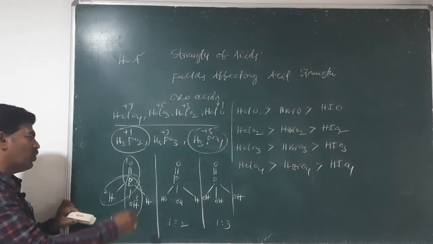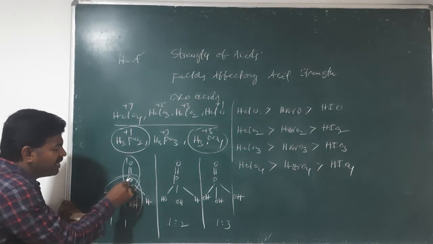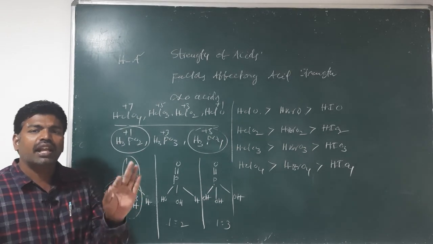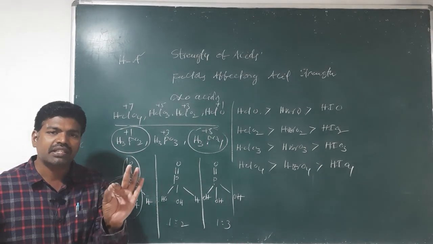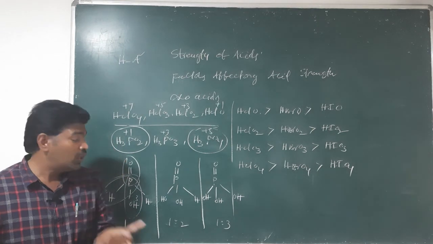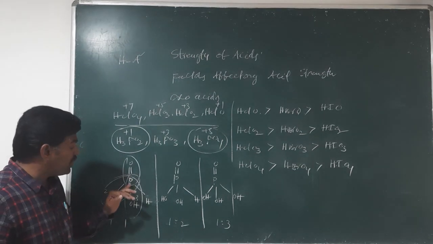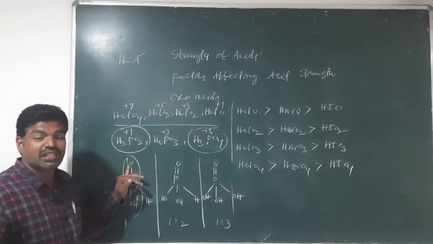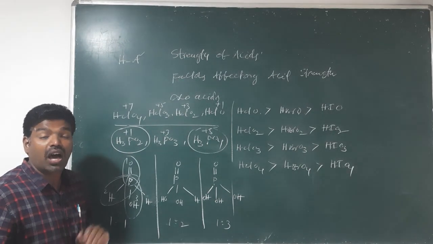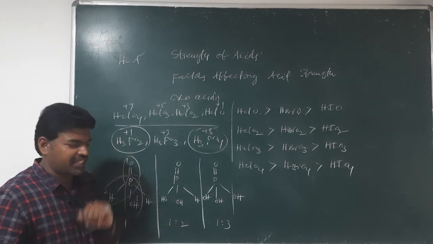Of course, in these three groups, the PH bond is non-polar, because the electronegativity of phosphorus and hydrogen are almost the same. But the PO bond is polar because of the marked electronegativity difference between phosphorus and oxygen.